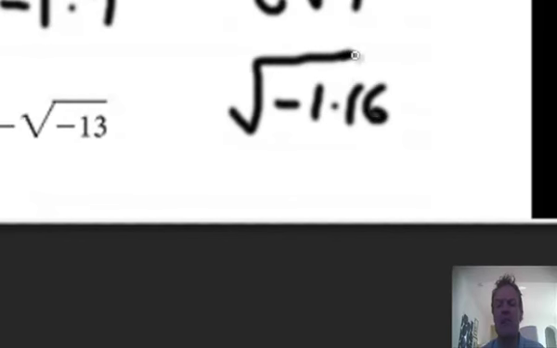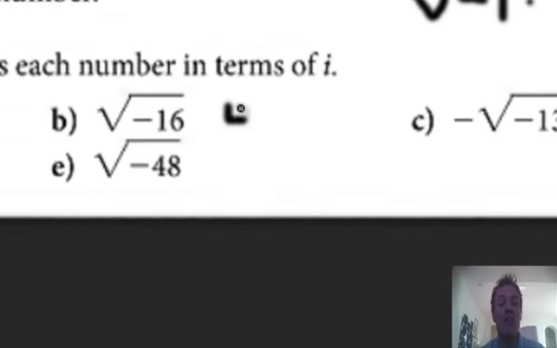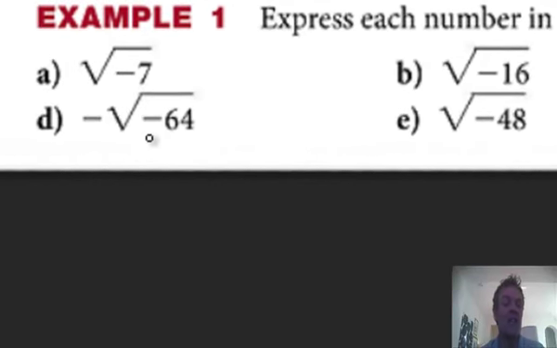Again, the square root of negative 1 is i, but the square root of 16 is 4, so this is 4i. Similar to D, the square root of negative 64 will give me 8i, but there's a minus in front, so I'll write a minus in front, just a little extra step there.